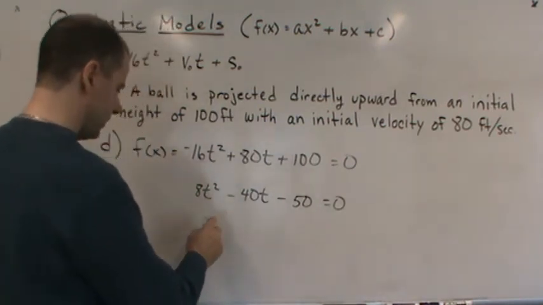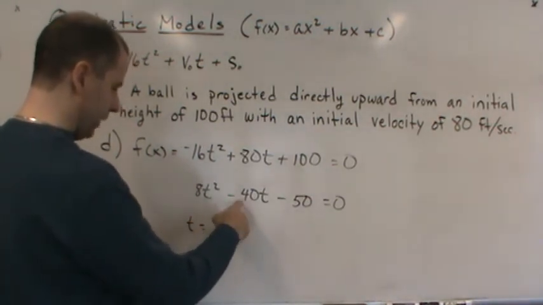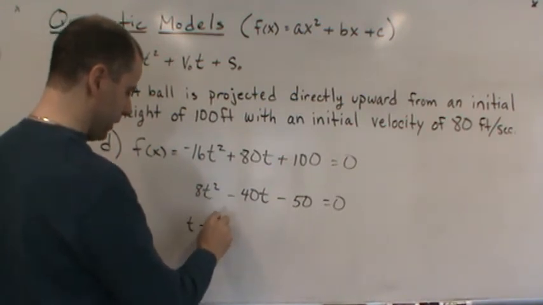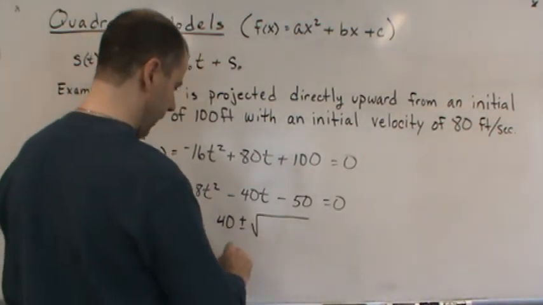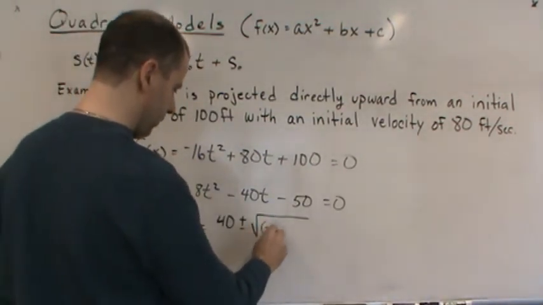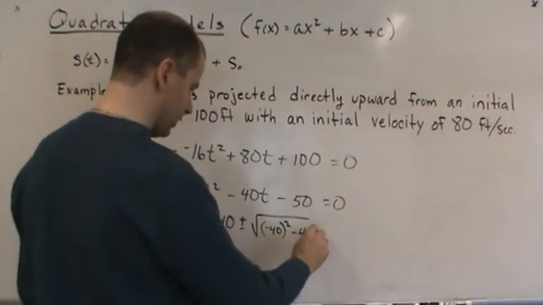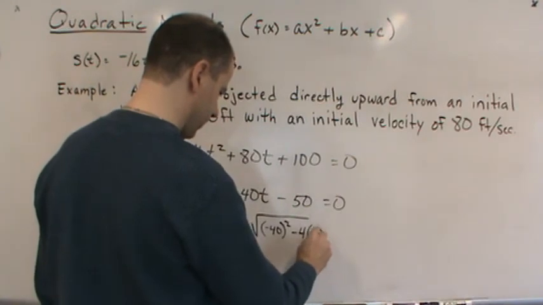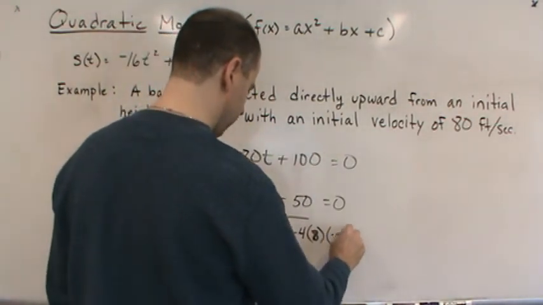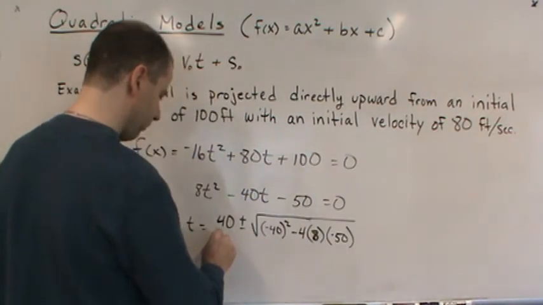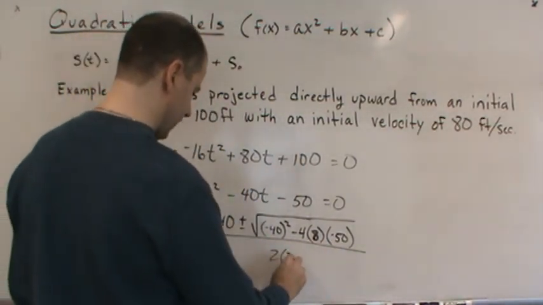So t is equal to negative b. Well, that's going to be negative of a negative 40, so that's 40 plus or minus the square root of b squared, which is negative 40 squared, minus 4 times a, which is 8, times c, which is negative 50, over 2 times a, which is 8.